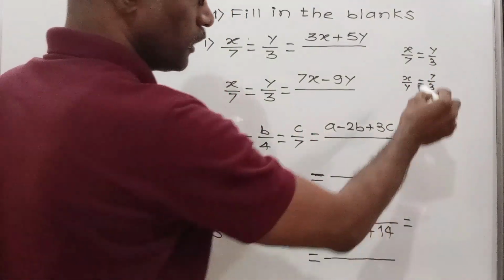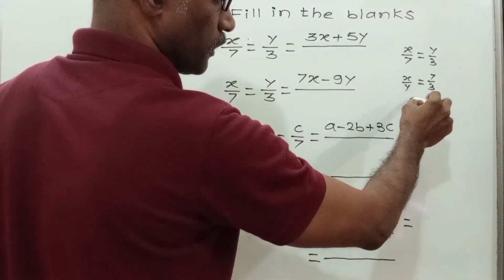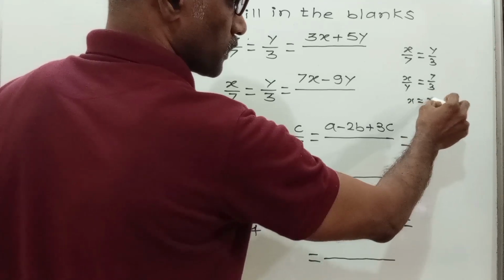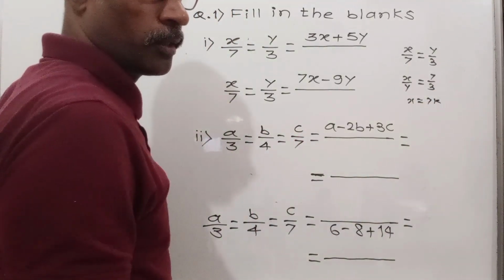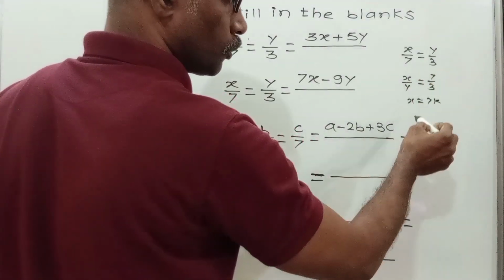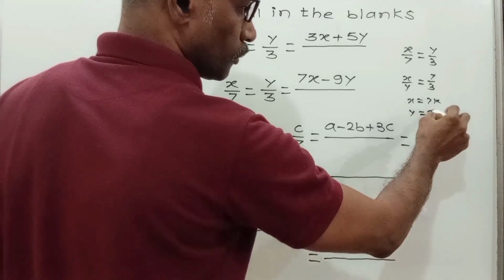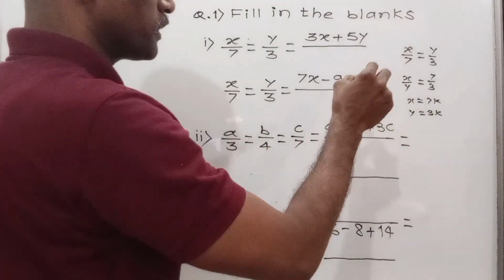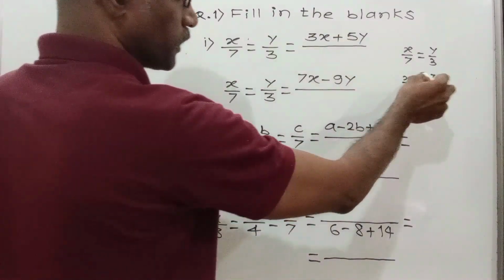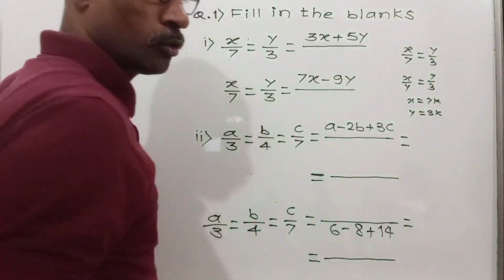Therefore, the value of x is equal to 7k. We take the common multiple k. Therefore, x is equal to 7k and y is equal to 3k.